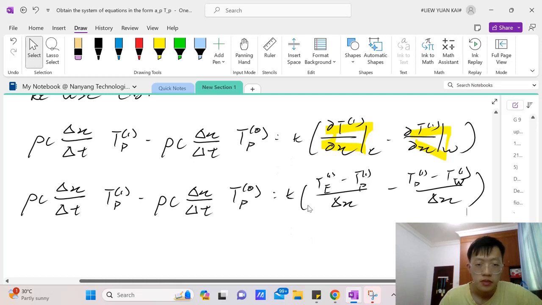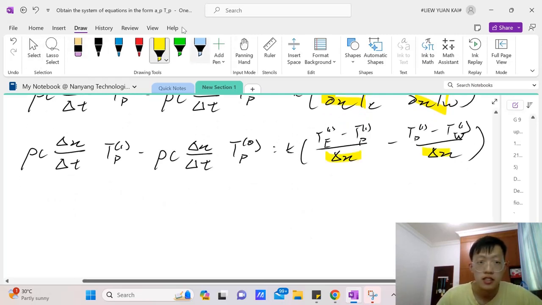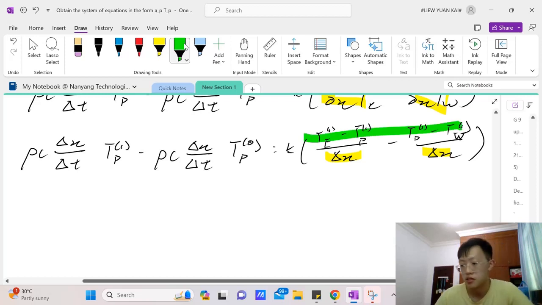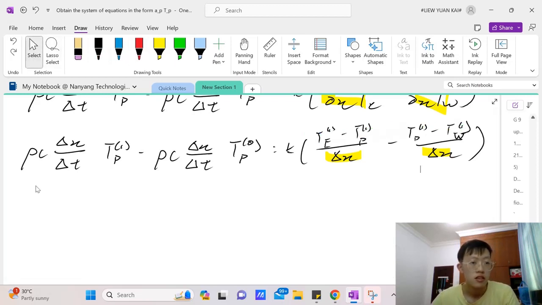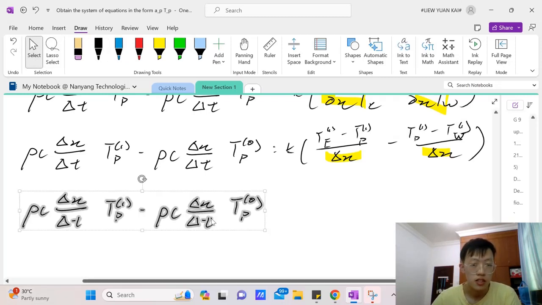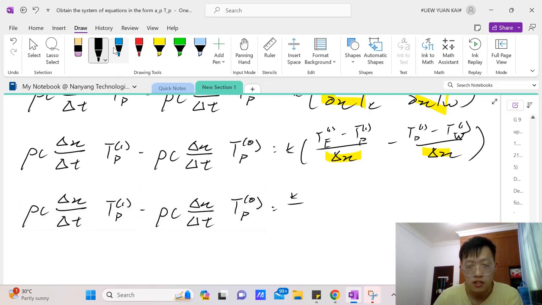Now what we can do is factorize this and simplify the numerator at the top here. So again, copy this wholesale and factorize out delta x. Then we simplify the numerator.